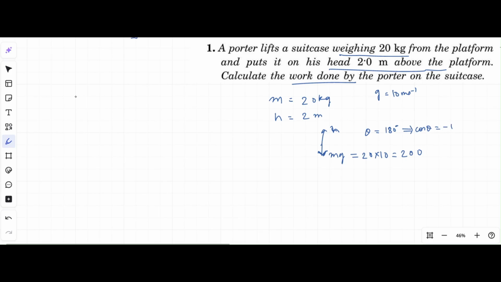Work done is equal to F into distance into cos theta. Here F is 200, distance is 2, cos theta is -1. So it becomes minus 400 joules. So around 400 joules of energy is spent by the porter in lifting a suitcase of 20 kg onto his head, which is 2 meters above the ground.